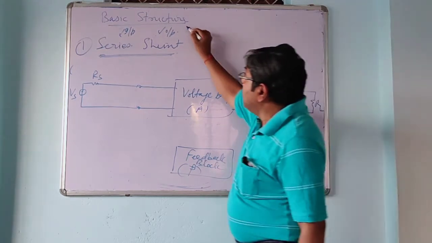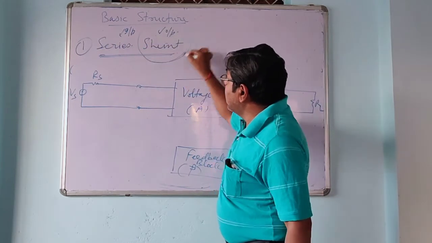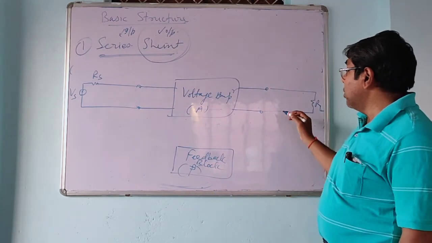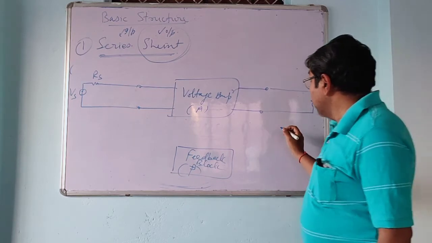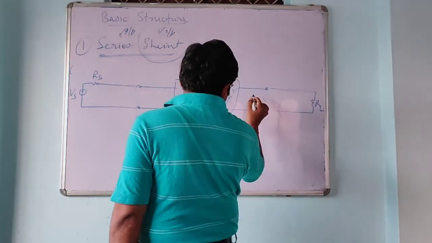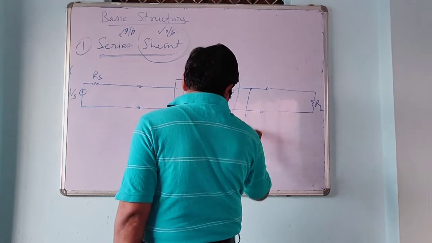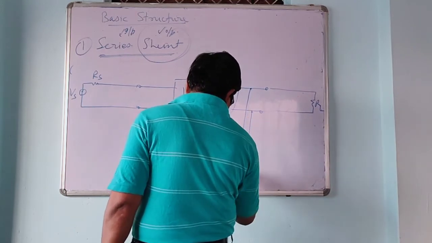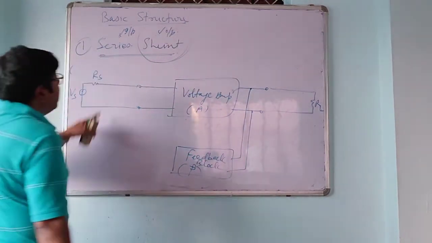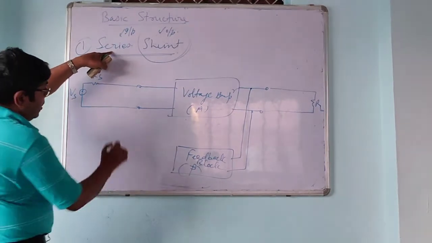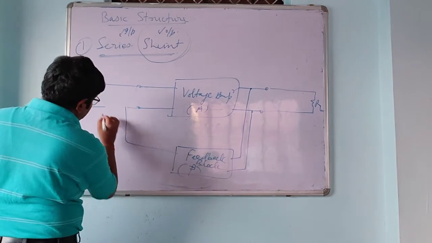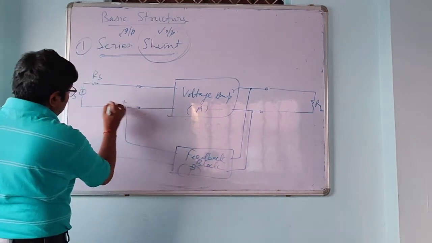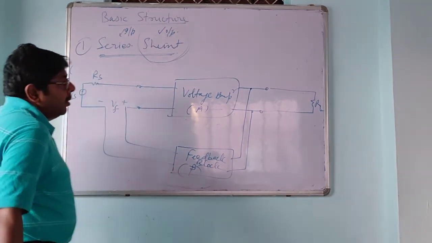Connection of output, sample, first thing sample of voltage in shunt. So we will connect here in shunt. And in series, mixing of voltage in series. So here at the input we mix in series. So this is the feedback.